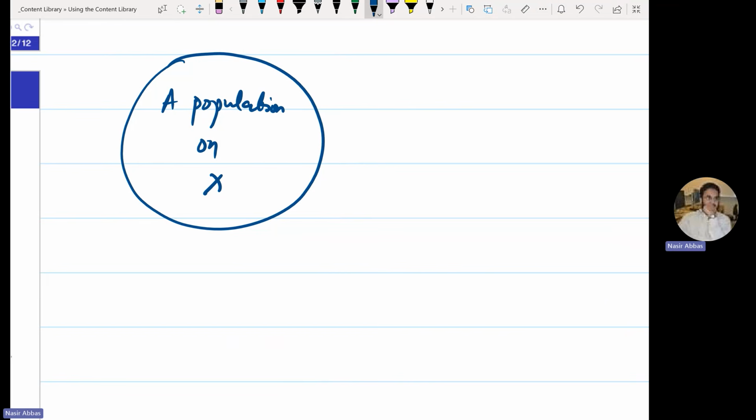This population is modeled by a probability density function or a probability mass function, f of x. Maybe normal, maybe exponential, maybe binomial, maybe hypergeometric, maybe Poisson, maybe log normal, any distribution.